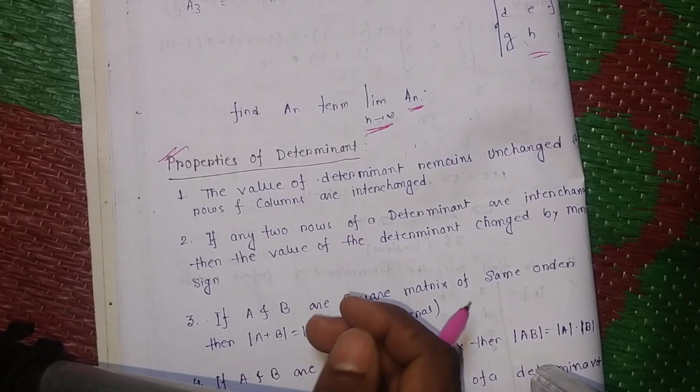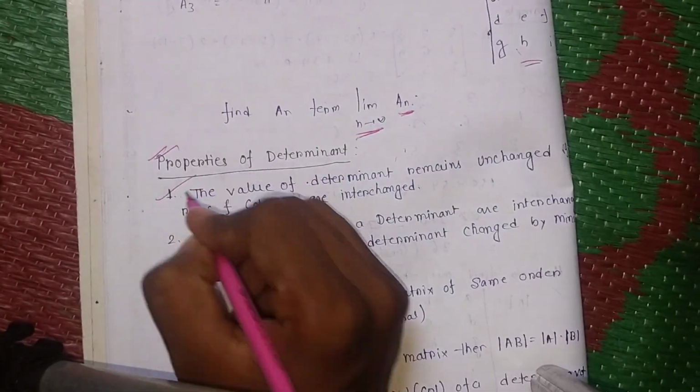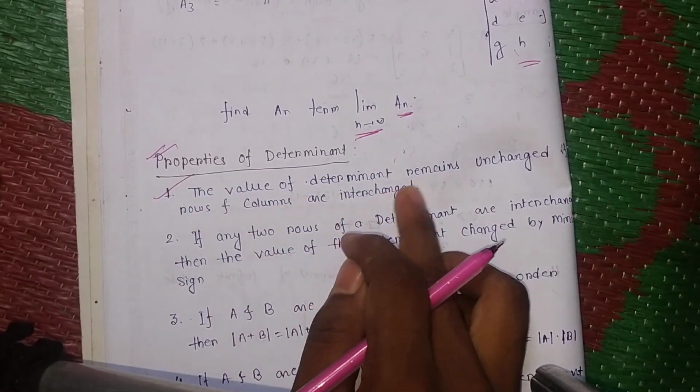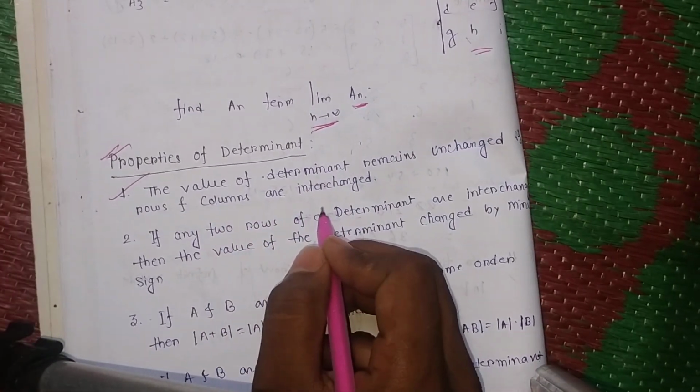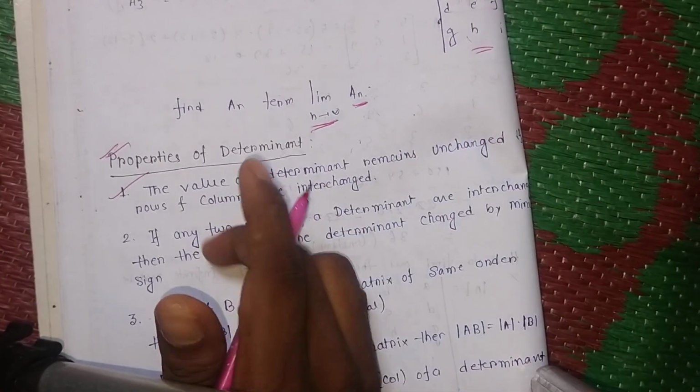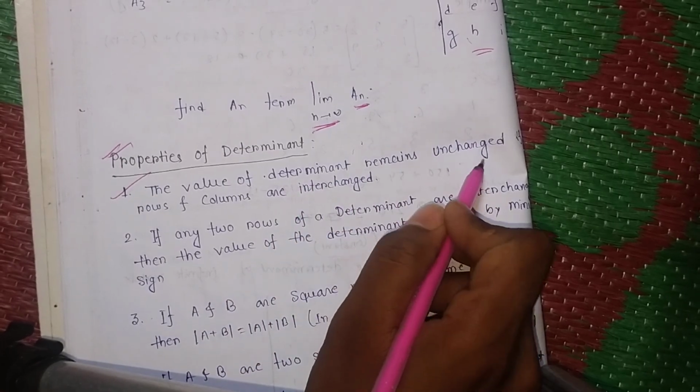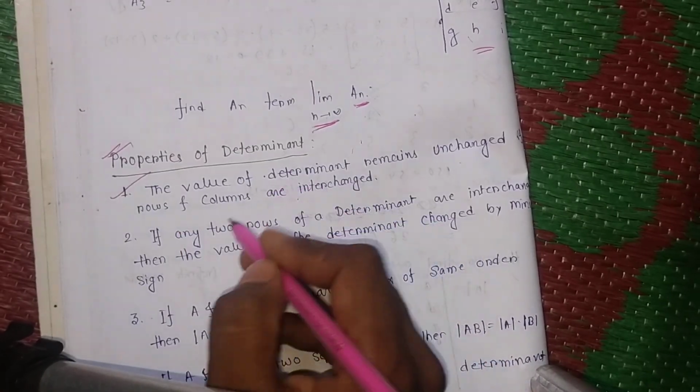Now some properties of determinants. First property: the value of the determinant remains unchanged if rows and columns are interchanged. I have already done this.